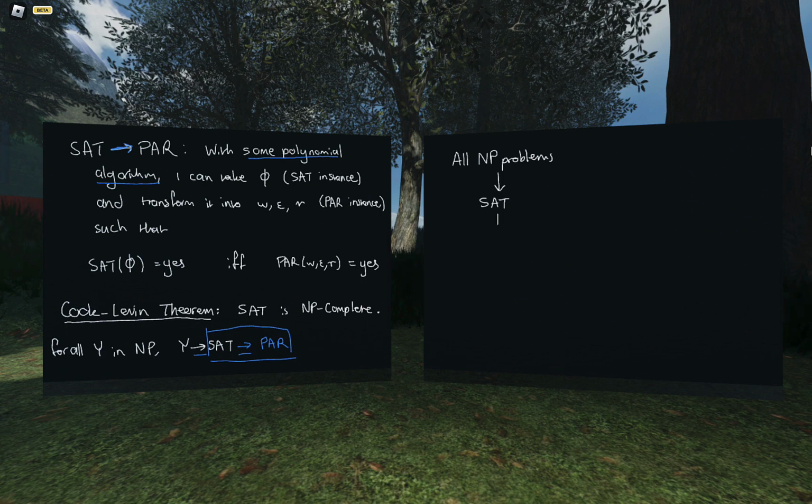Other foundational work in theoretical computer science has shown that SAT itself reduces to some kind of more restricted versions of SAT, which, for example, place certain restrictions on the instance.